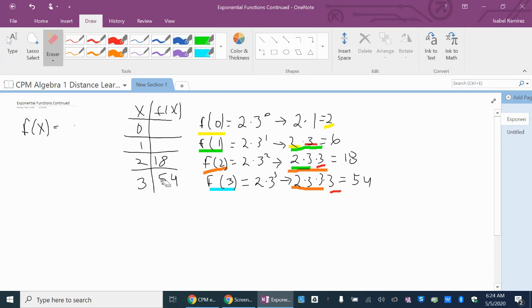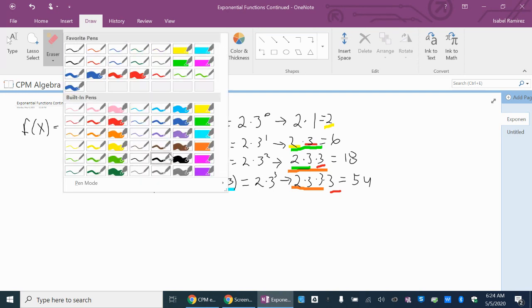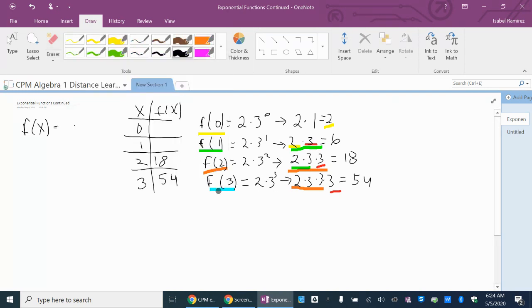And I'm going to use the values of f of 3 and f of 2. So f of 3, I'm going to rewrite it. f of 3 can be seen as f of 2, 2 times 3 from above, times an extra 3.